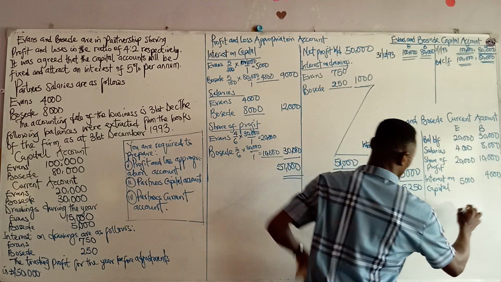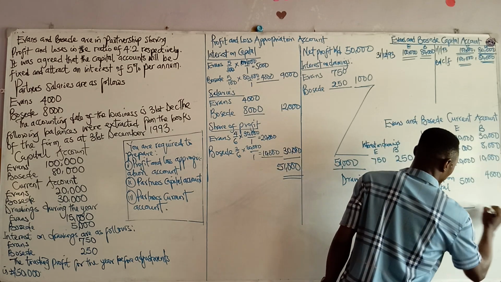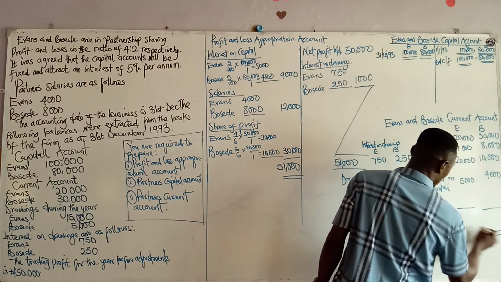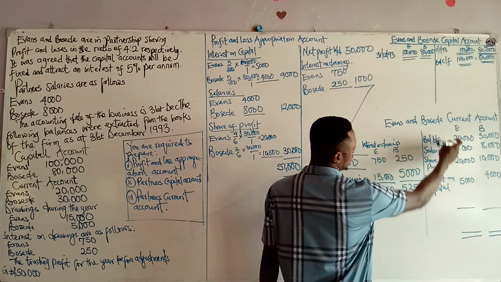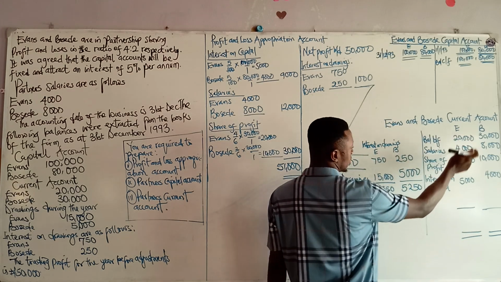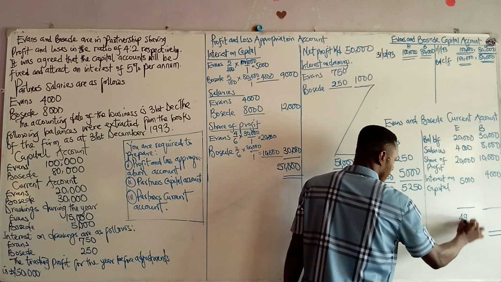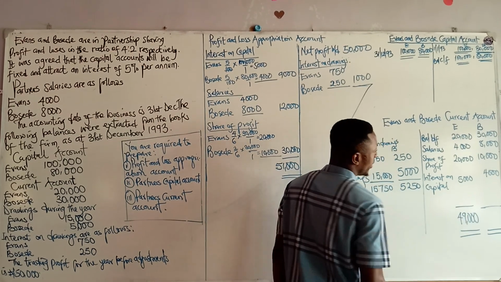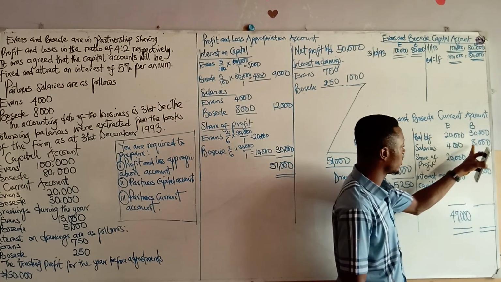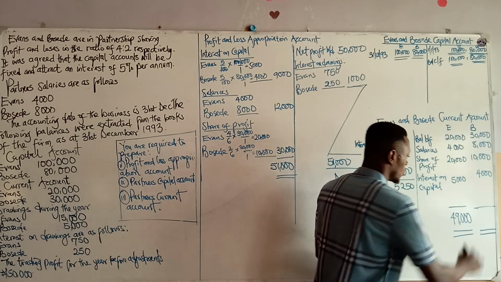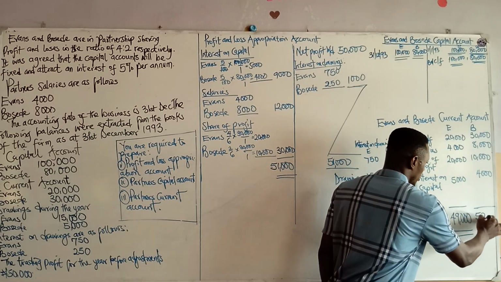So we just close. When we close, we sum them together: 20,000, 24,000, 44,000, 49,000. Then 38,000, 48,000, 52,000 for Boside.